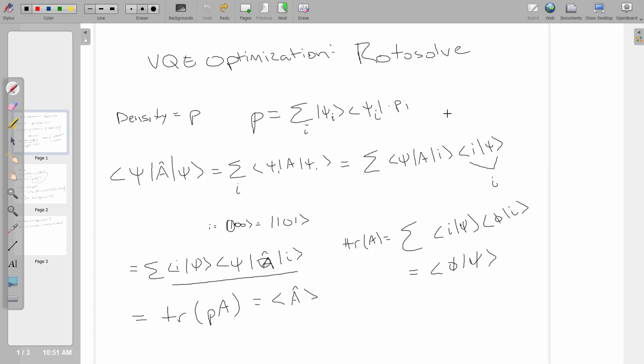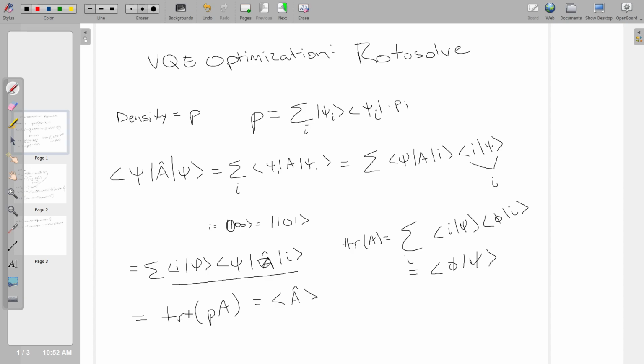in mixed states. If we take the expectation value of an operator A, we can write it as a sum of discretes, and then we add this temporary variable I, rearrange it, and because we know the trace of a matrix is equivalent to this term over here, we can rewrite the expectation value as a trace of the density matrix and the operator.